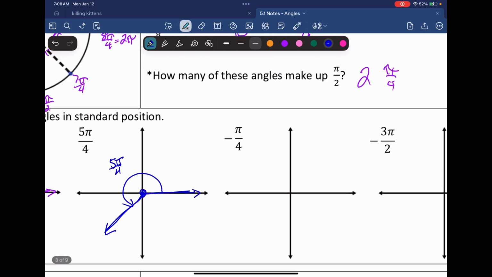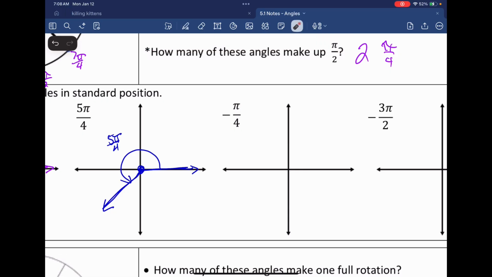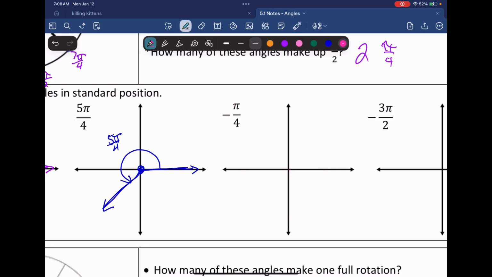Negative pi over 4, that's clockwise. I'm going down the other way. It still takes 4 to make that down half. I only have 1 of them, so that means I am here. That's terrible.